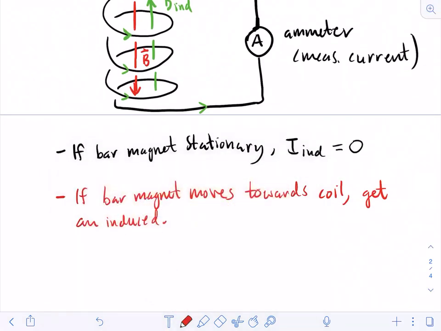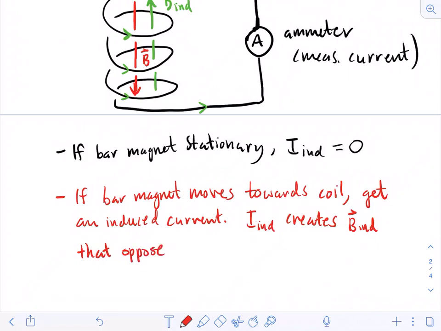So if the bar magnet moves towards the coil, we get an induced current I induced, which creates a magnetic field B induced that opposes the change in the magnetic field through our coil.